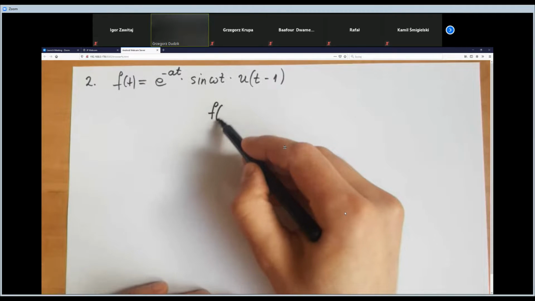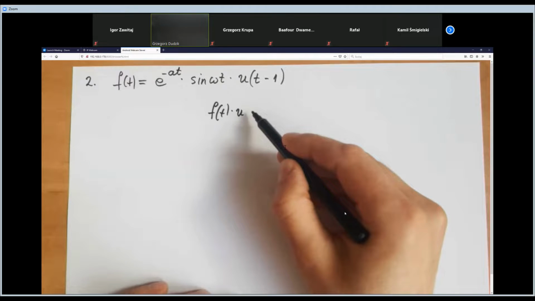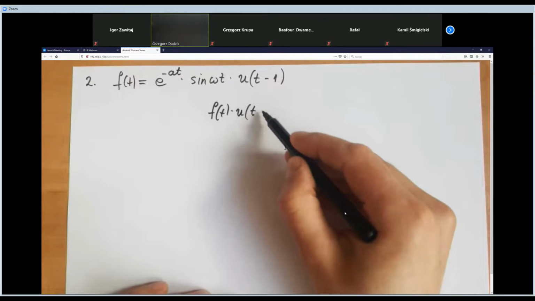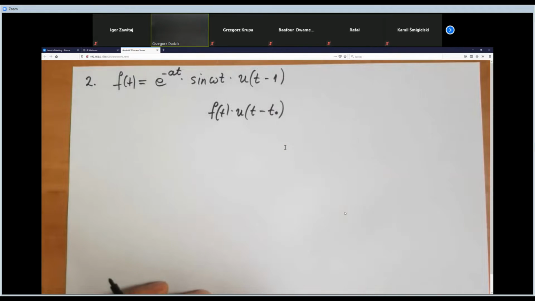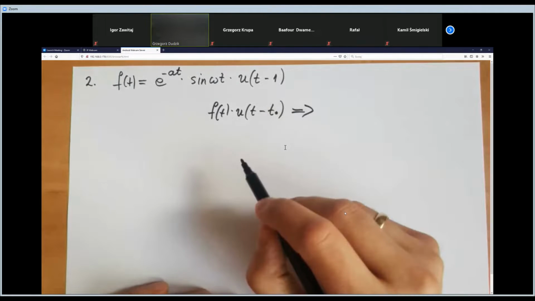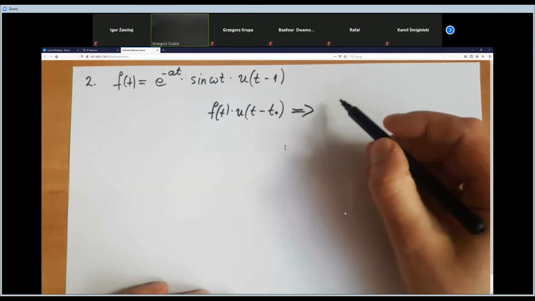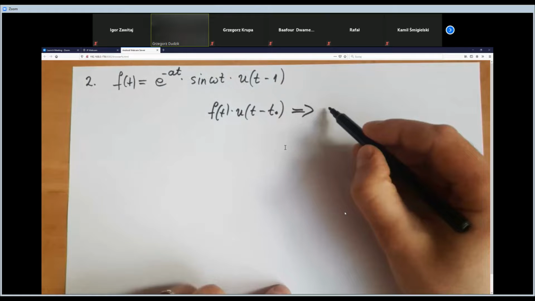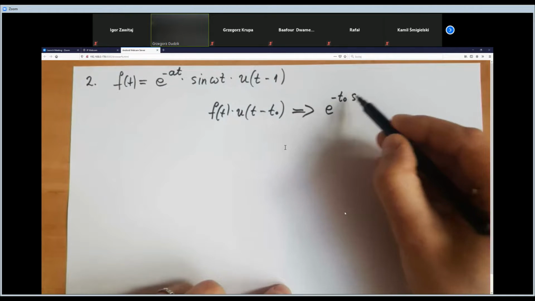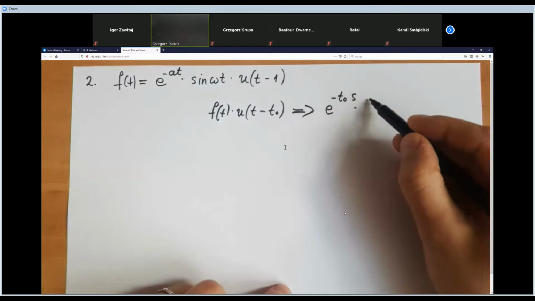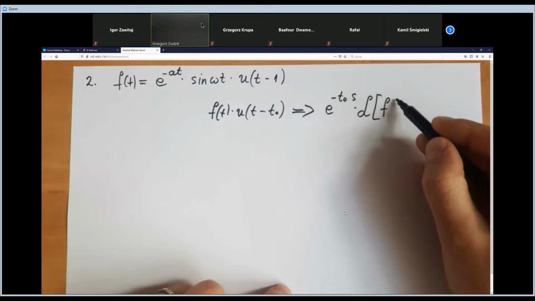If the function f(t) is multiplied by the unity function which is shifted by some time t0, then the Laplace transformation of that function is equal to e to the power of minus t0 s times the Laplace transform of our function in the time domain.